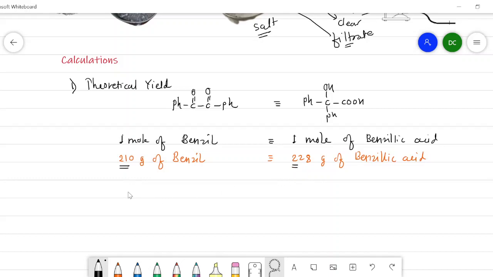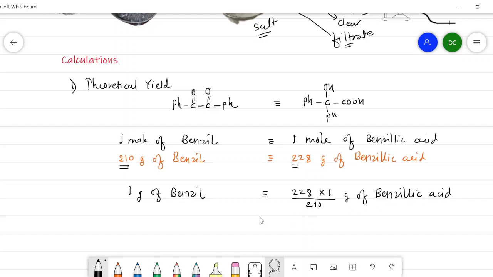Now in the procedure we have taken only 1 gram of benzil. So for 1 gram of benzil we have to get here 228 into 1 divided by 210 gram of benzilic acid.